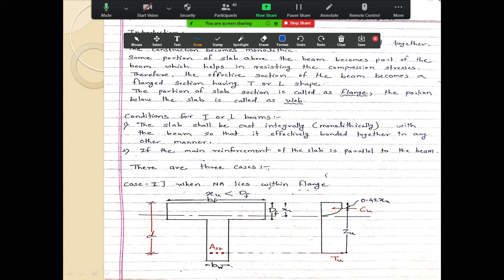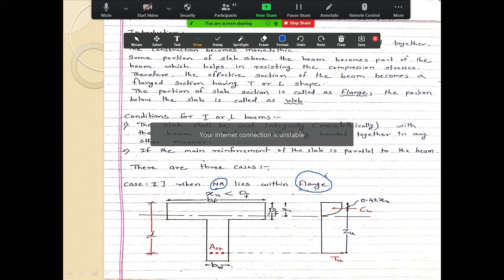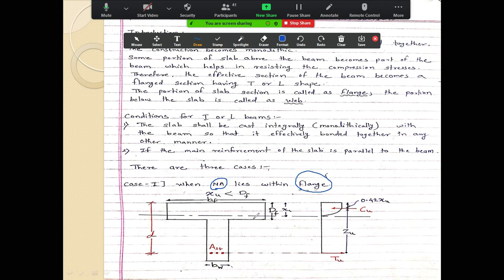Now the condition is that the neutral axis lies within the flange. So here the neutral axis is drawn, and it lies in the flange.